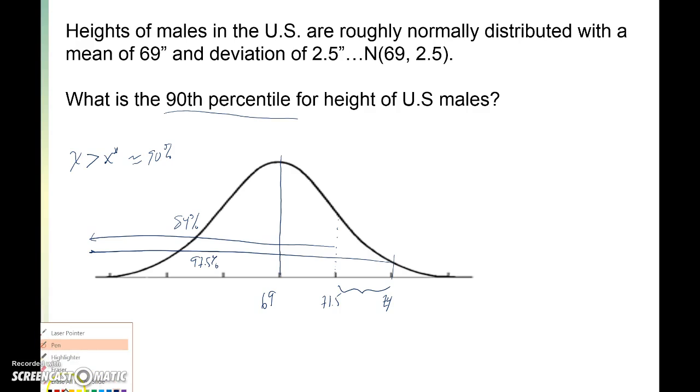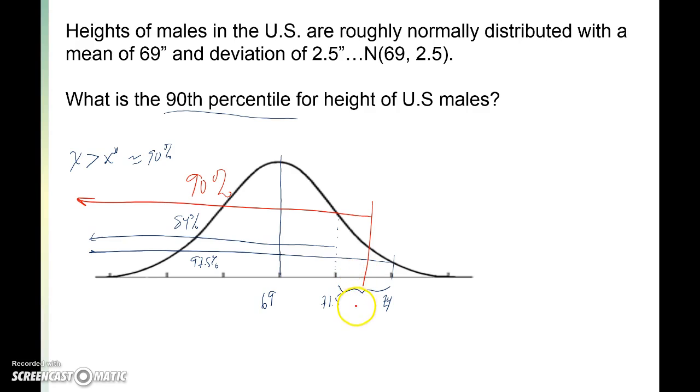So we're looking for the value below which we have 90% of our data. Okay, so what we need to do is figure out how many standard deviations away that particular value is going to be. Right? So now if I draw myself another scale, if I'm at 0, what is the critical value of z that's associated with 90% below?